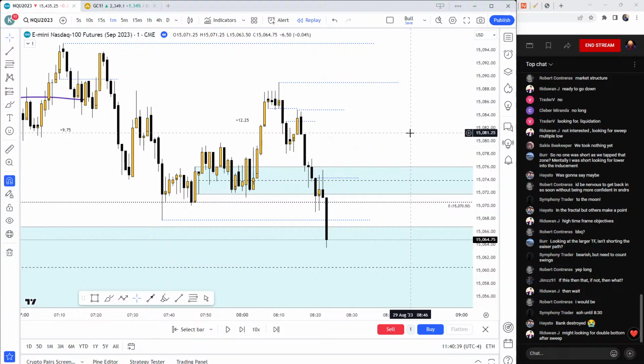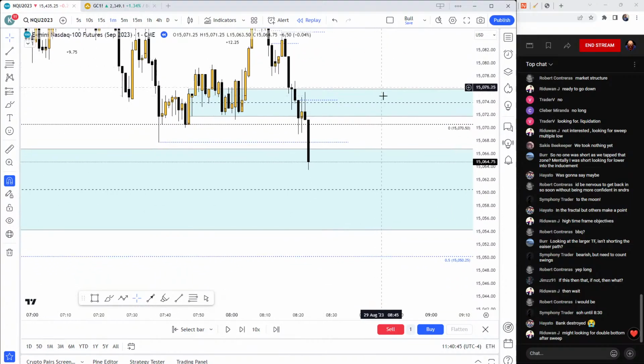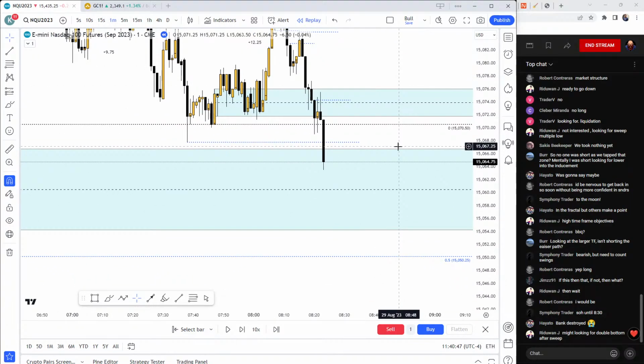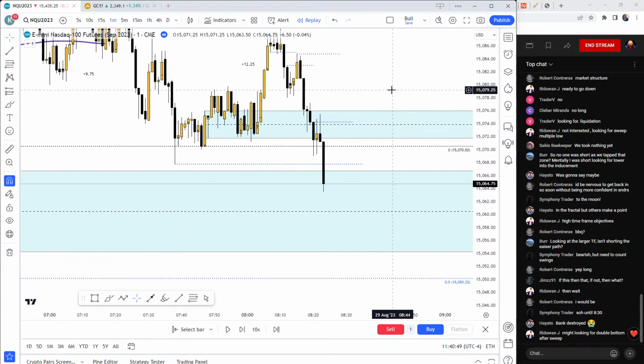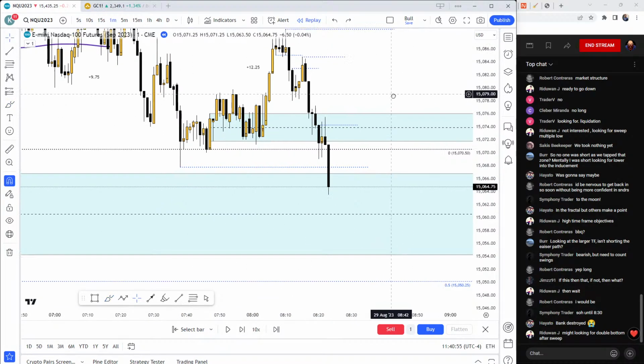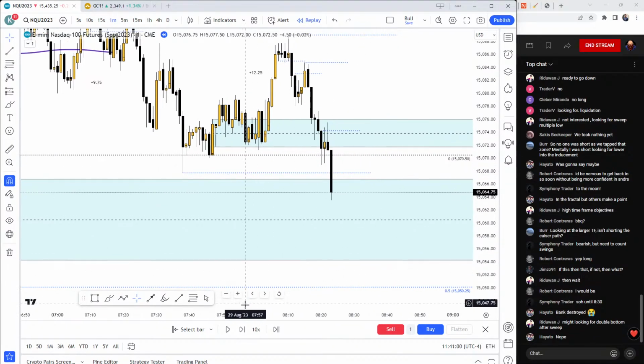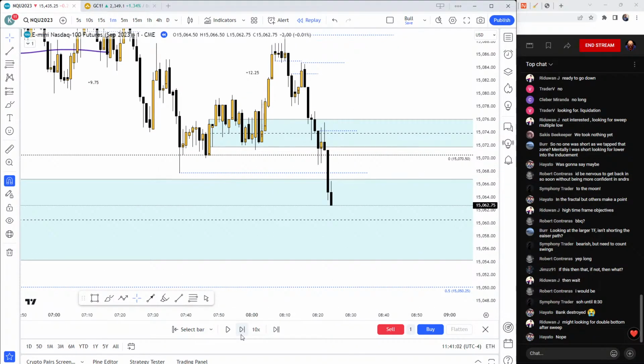Bye-bye. Into our area. Anybody deciding to be ambitious? Are we just going to long any break? This is a confirmed low now. We're not getting a sweep. How about now?